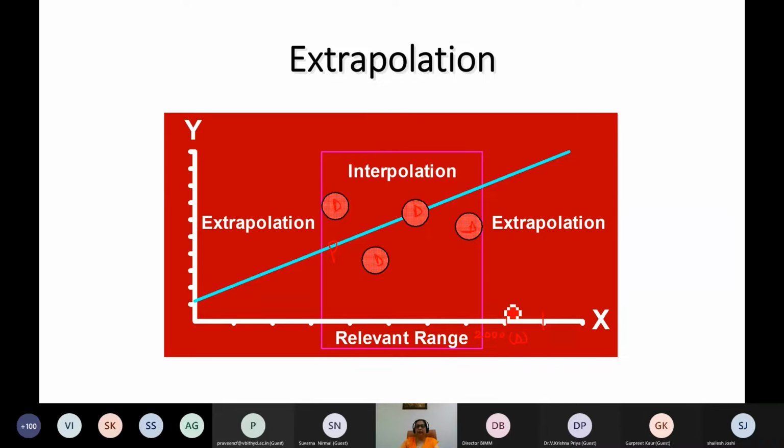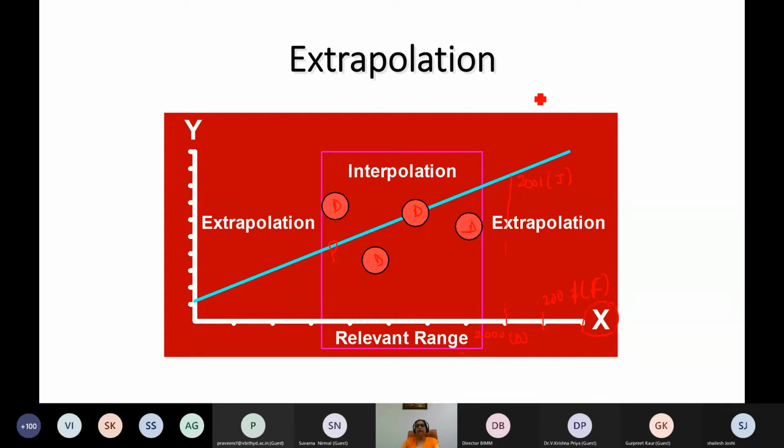So I can easily identify the oil consumption on the basis of, this is for 2001 January, this is, let's say, 2002 January, 2001 Feb.